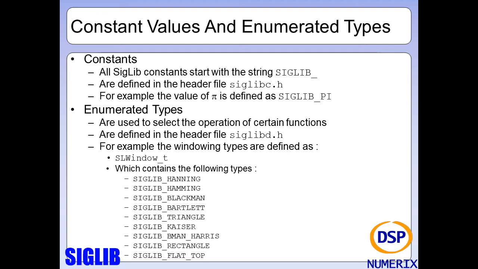The windowing function type is declared as SLWindow_t and contains all of the types listed on the slide. SigLib includes windows for Hanning, Hamming, Blackman, Bartlett, Triangle, Kaiser, Blackman-Harris, Rectangle, and Flat Top. There are many different enumerated types and constant values supplied with SigLib, so I would refer you to the SigLib User's Guide for further details on all of these.